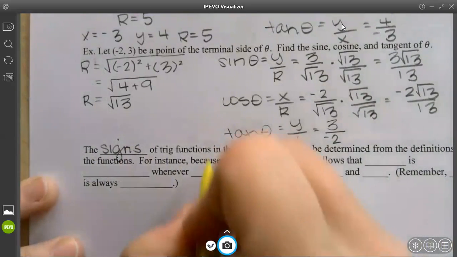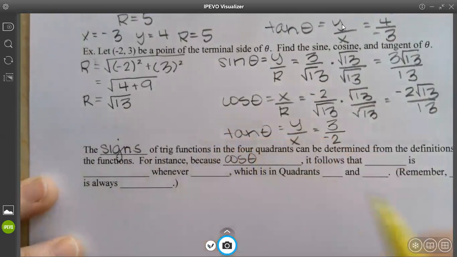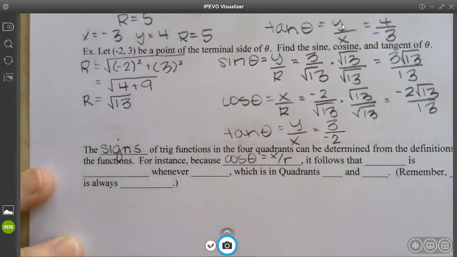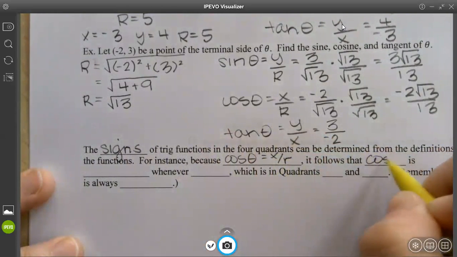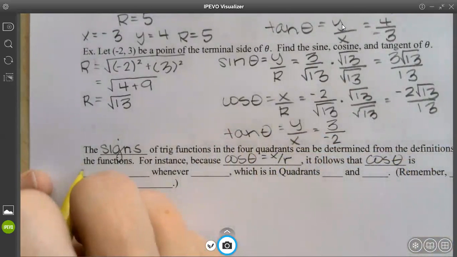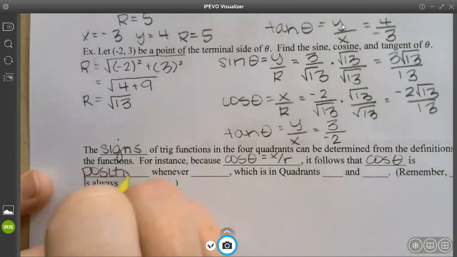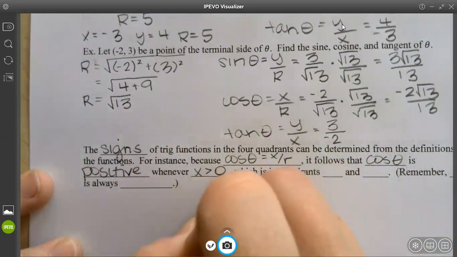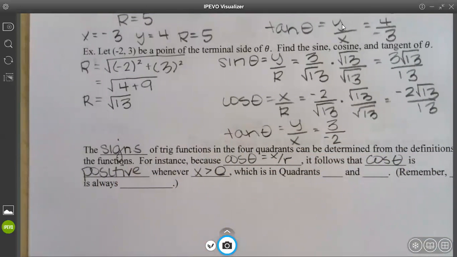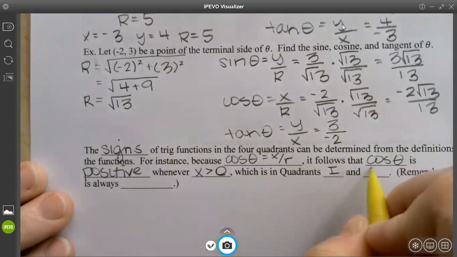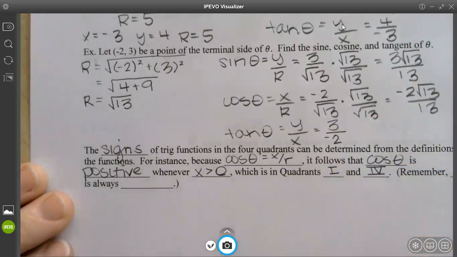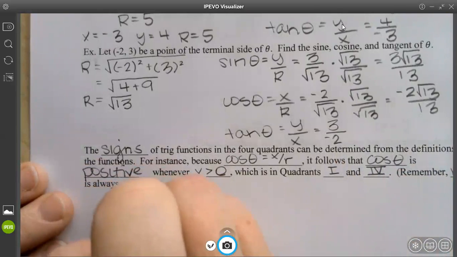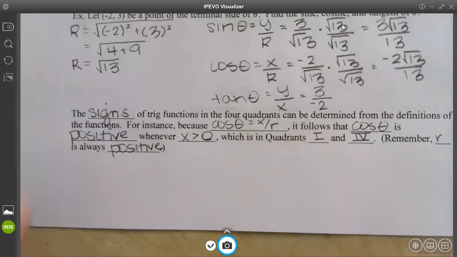For instance, because cosine theta equals x over r, it follows that cosine theta is positive whenever x is greater than 0, which is in quadrants 1 and 4. Remember, r is always positive. That will never change.